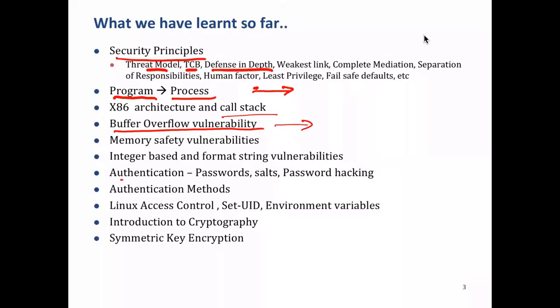Then we looked into authentication methods. We looked at password salts, password hacking, and then various authentication mechanisms. Then we moved on to access control. We looked at Linux-based access control and some special features like set UID. We also familiarized ourselves with environment variables.